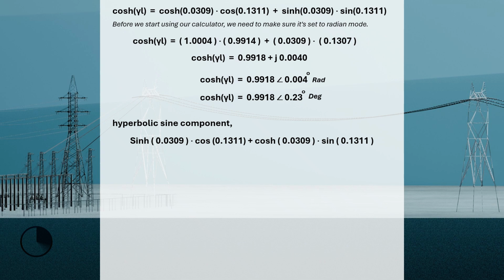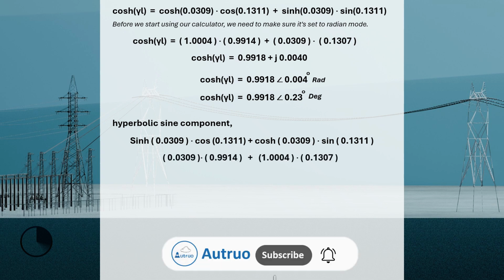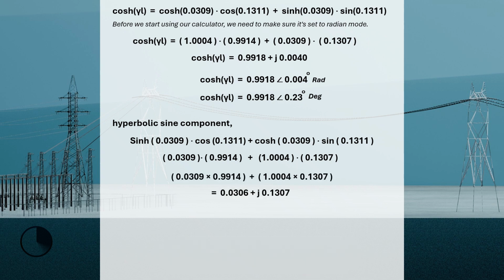The resultant of the above when the calculator is punched will be (0.0309) times (0.9914) plus (1.0004) times (0.1307). When simplified, we get 0.0306 plus j 0.1307.